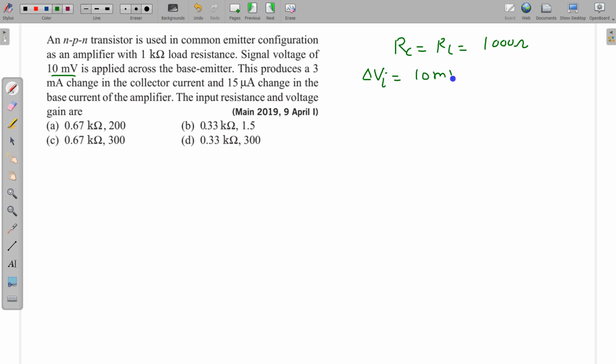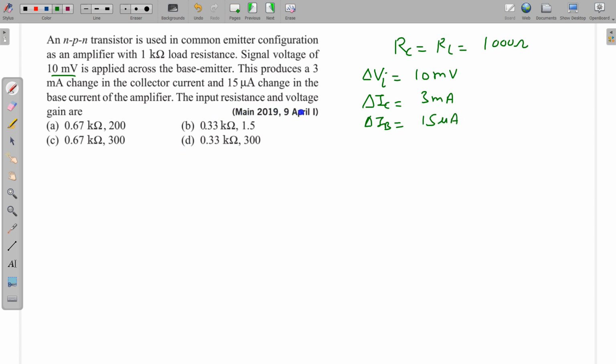This is 10 millivolt. This produces a 3 milliampere change in the collector current, so delta IC is 3 milliampere. All the things are given in terms of changes, and a 15 microampere change in the base current, so this is delta IB, which is 15 microampere.